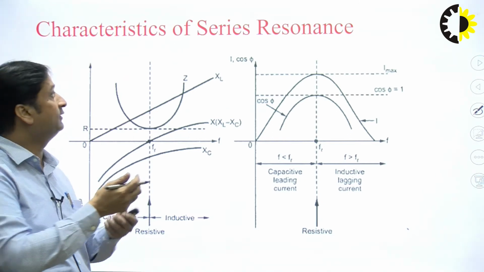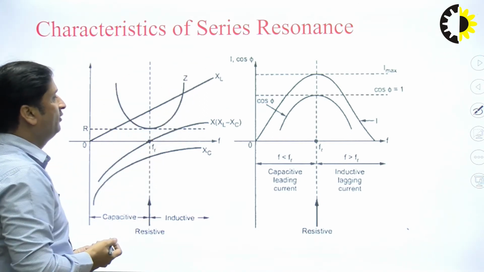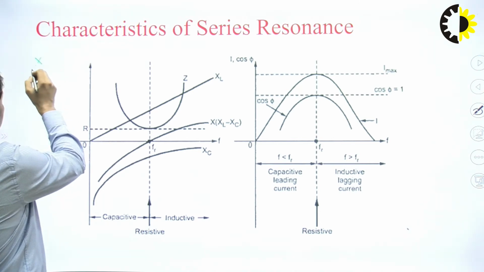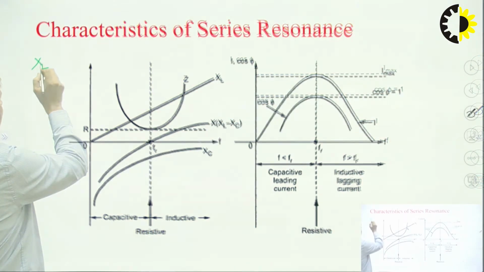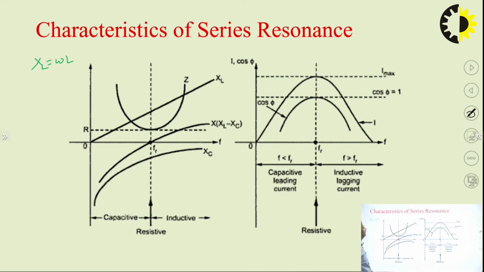The reactance XL is equal to omega L. If we want to draw the characteristic of XL, since the value of L is constant, XL is proportional to the frequency, omega. When we vary the frequency, we can plot this XL, and we find that it is linear, since XL is proportional to f.